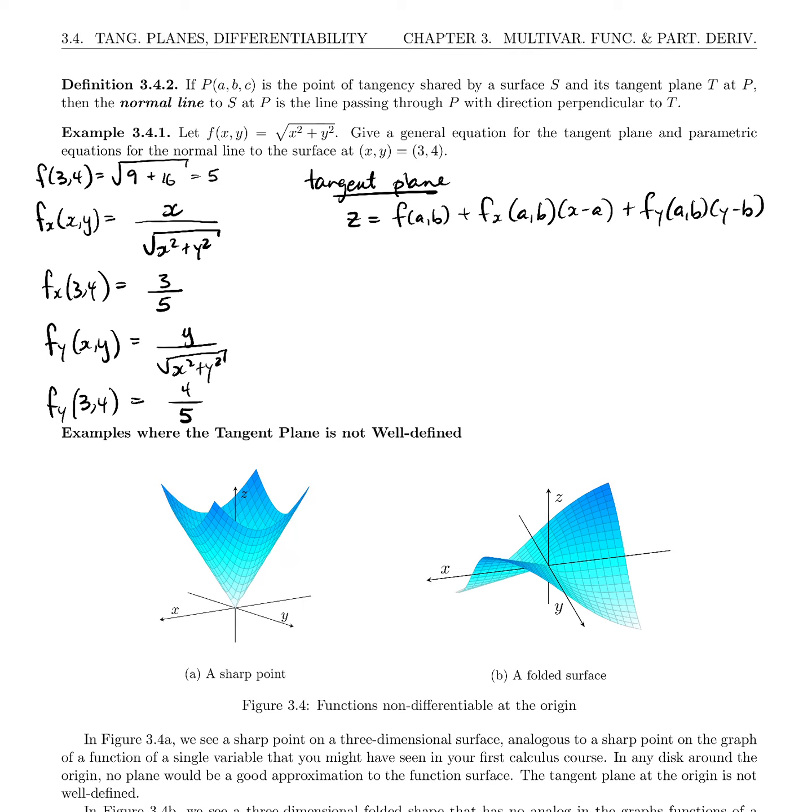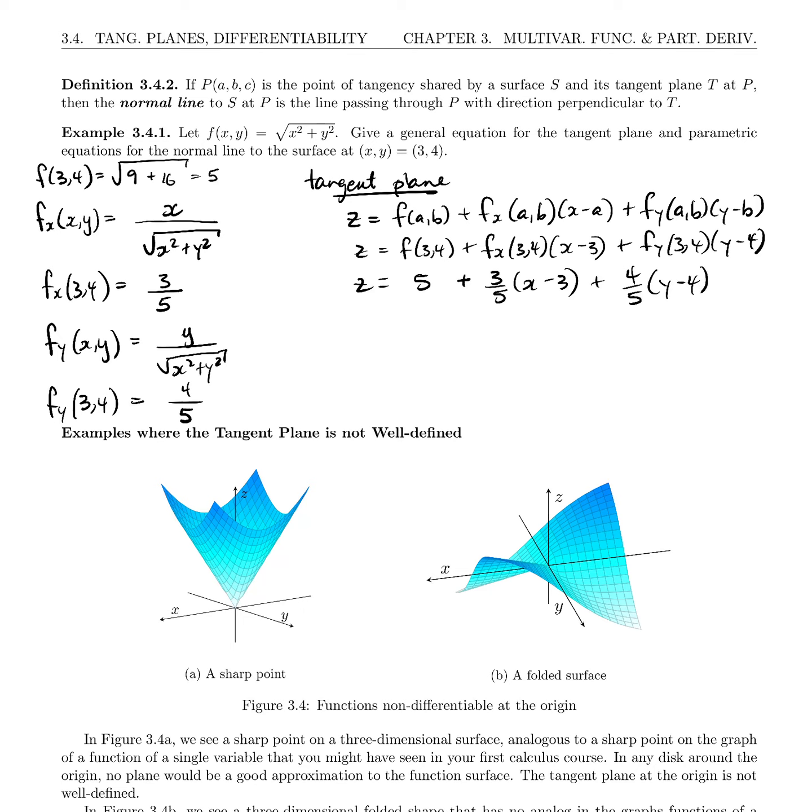Our (a, b) is the point (3, 4), and so we are going to have z is f(3, 4) plus f sub x at (3, 4) times (x minus 3) plus f sub y at (3, 4) times (y minus 4). z is 5 plus 3/5 (x minus 3) plus 4/5 (y minus 4).